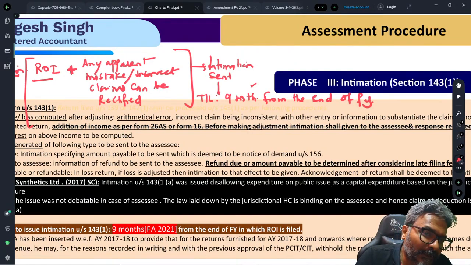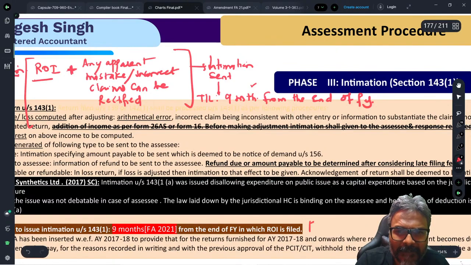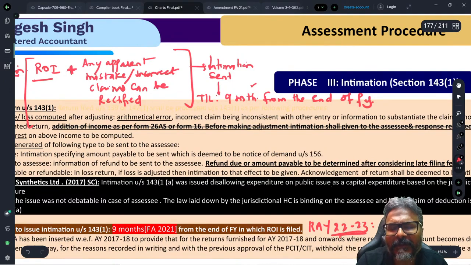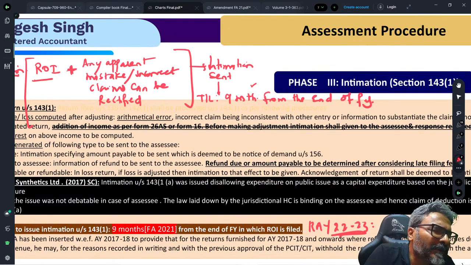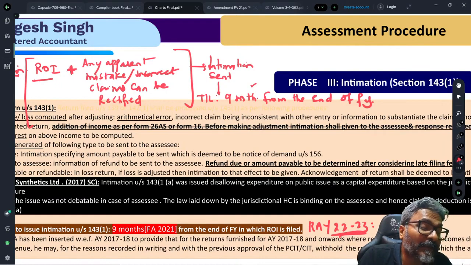So the financial year in which it ends, students, is your 31st of March. So for the relevant assessment year 22-23, the financial year in which you file the return of income is definitely 22-23, not the financial year for which you are filing the return of income.